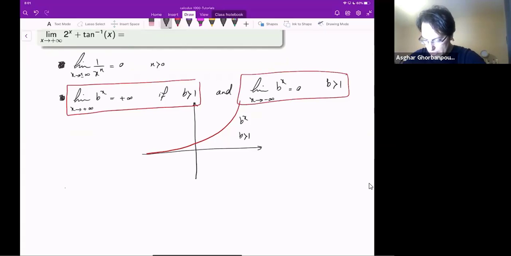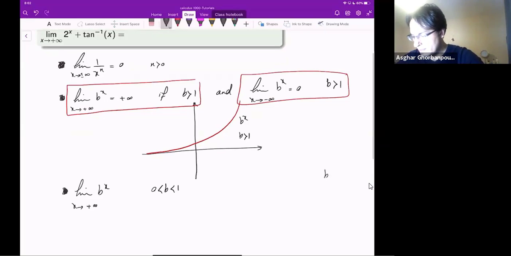The second one is that the same things are for the limit of b to the power x if the base is a number between 0 and 1. But this time, as x goes to plus infinity, this is 0, and this other one is plus infinity.